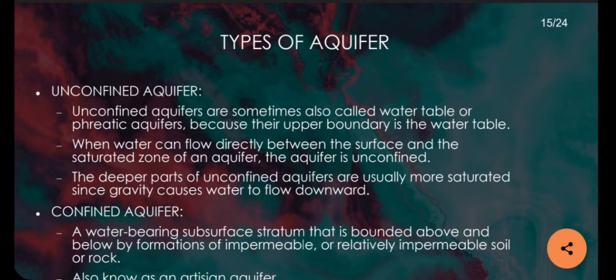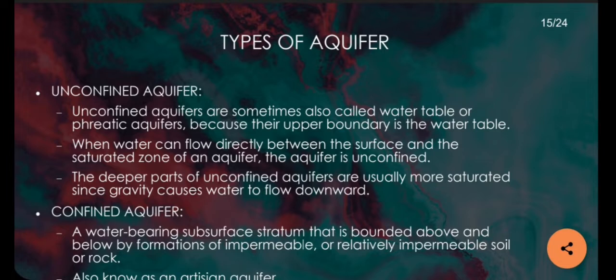The deeper parts of unconfined aquifers are usually more saturated since gravity causes water to flow downward. Open or unconfined aquifers are supplied by water that filters down from the land surface.